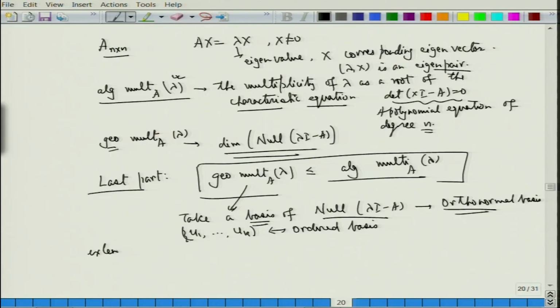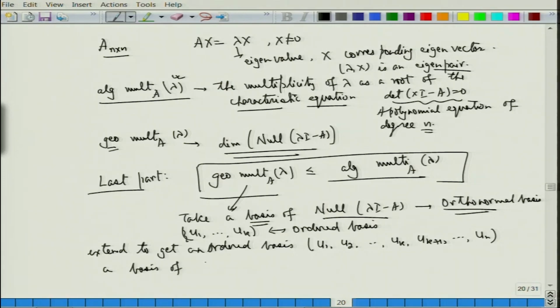Extend it to get an ordered basis u1, u2, ..., uk, uk plus 1 to un, a basis of Cn over C, fine.